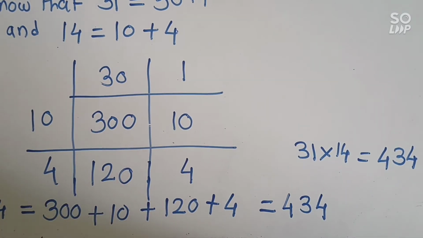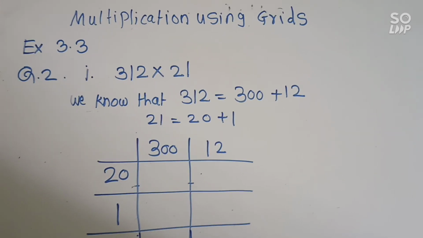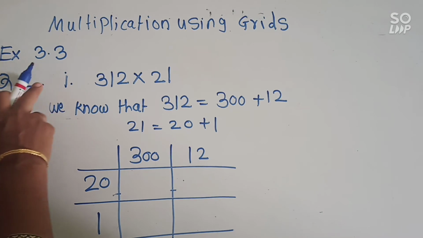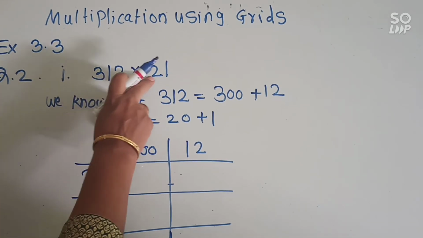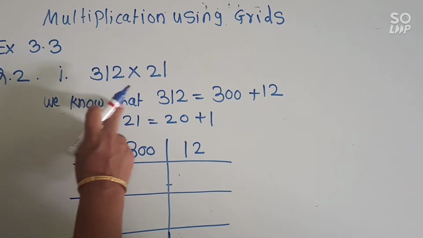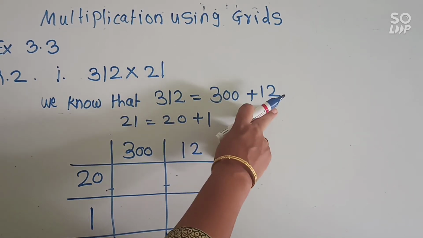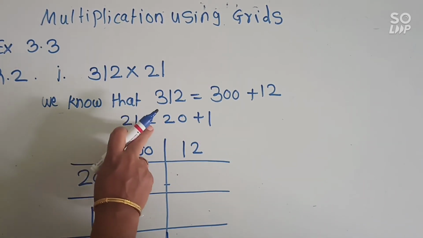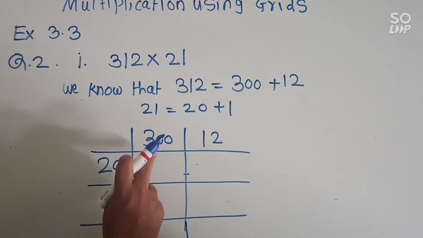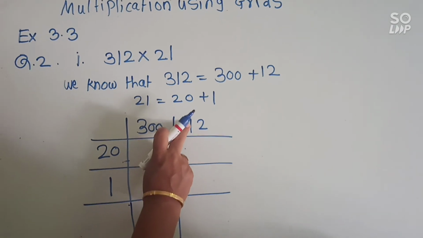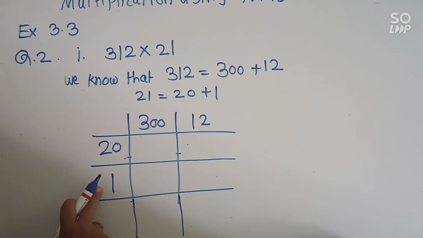Okay children. Now see here question 2 example I. 312 multiplied by 21. Okay, we know that 312 is equal to 300 plus 12 and 21 is equal to 20 plus 1. So write here these numbers, 312 here and 20 and 1 here.